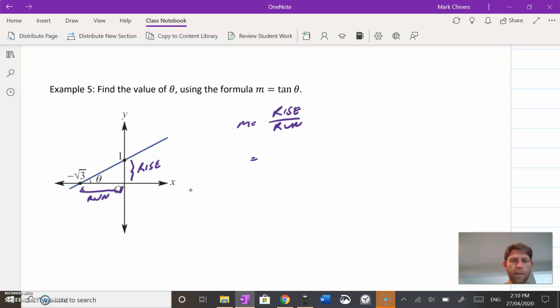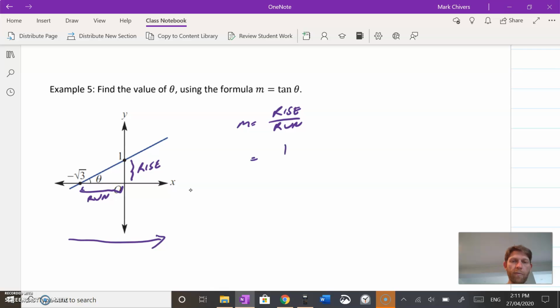So let's think about this in terms of what's happened. Remember, when we're looking at gradient, we're always moving in this direction. So we started here at -√3 and we moved towards the origin. If we were -√3 behind the origin, that means we've gone forward by √3, and by the time we got to the origin we're 1 high, we've gone up by 1.